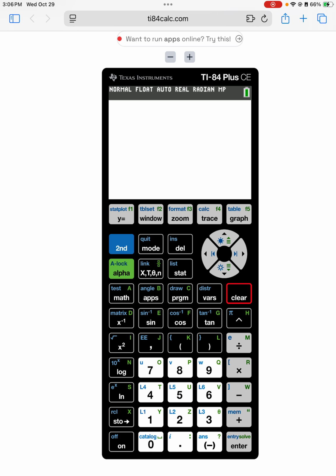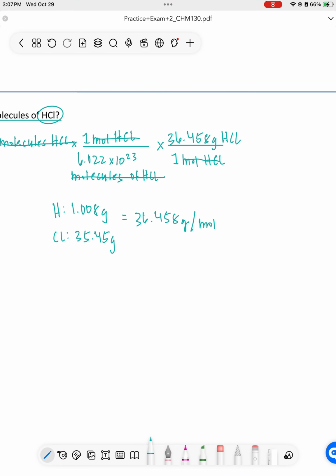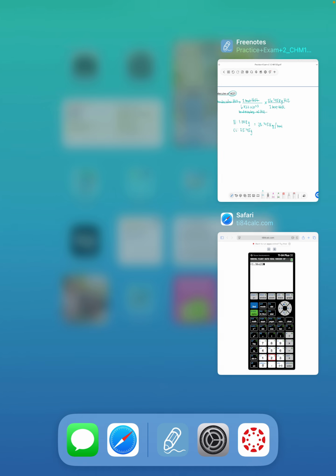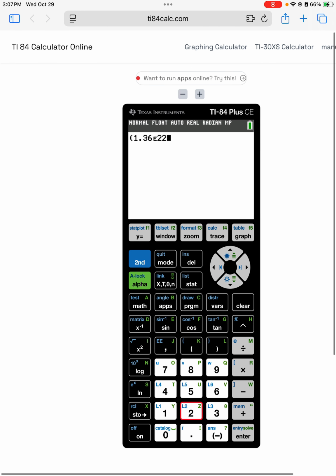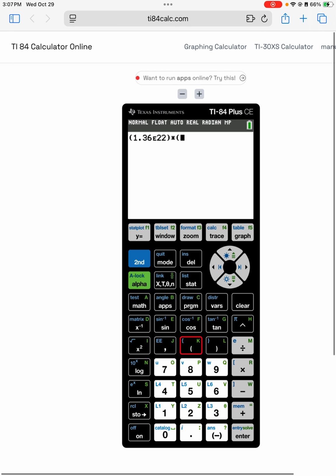So let's go over to our calculator, and we will do, let's see here, we had 1.36 EE 22 molecules. And what are we multiplying that by? 36.458.